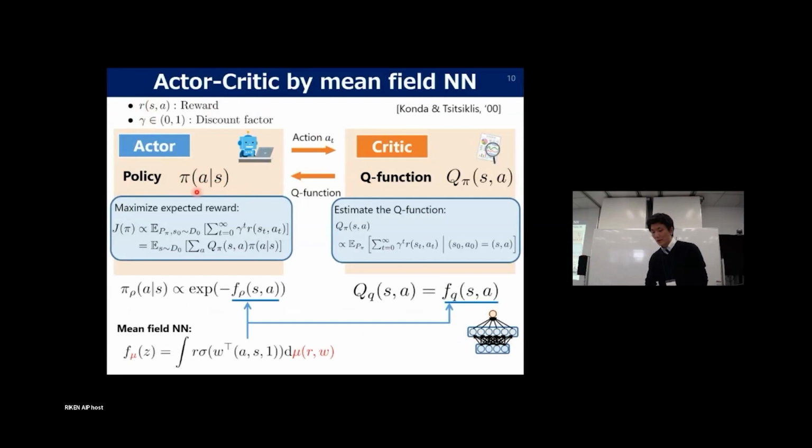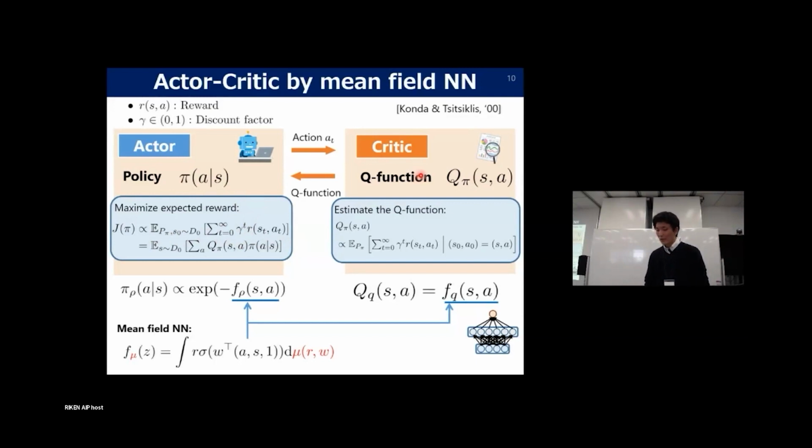We want to obtain the best policy pi that maximizes the expected reward. Expected reward is the summation of the expected reward in the future with the discount factor gamma, the summation of gamma to the t times the reward from t equals 0 to infinity. But maximizing this expected reward directly is a little difficult.